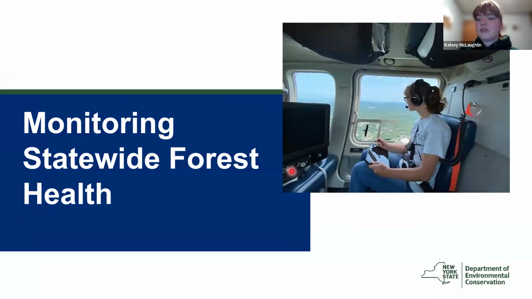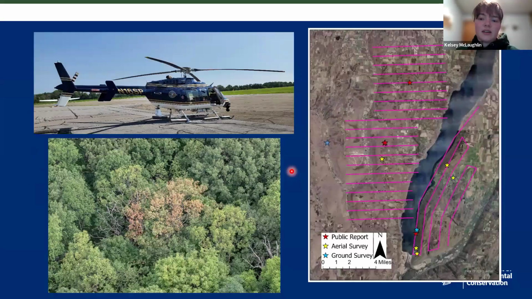And I can sketch the location of sick-looking trees and send it to people on the ground. And so that's what we call our aerial survey. Aerial survey is one of our really, really good ways to get eyes on just massive, massive amounts of trees. So we typically try to do statewide flights, just general forest health flights.